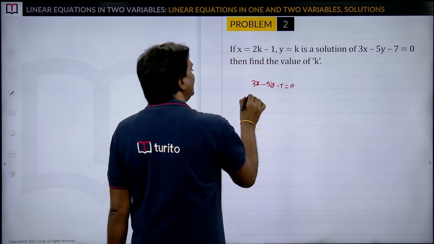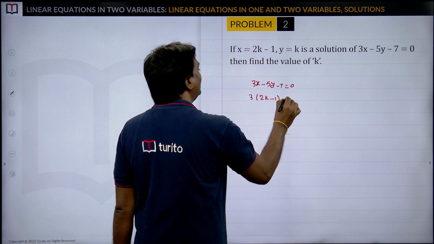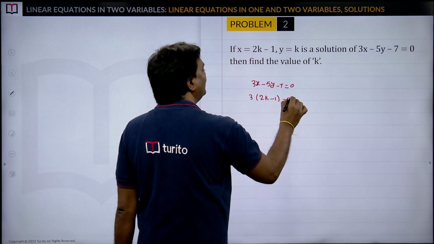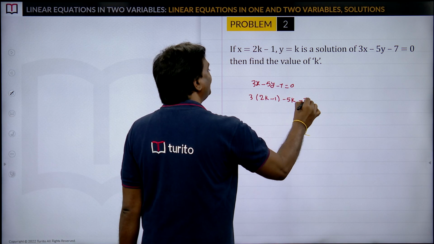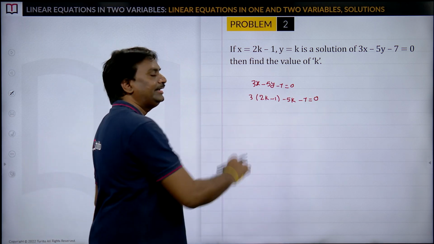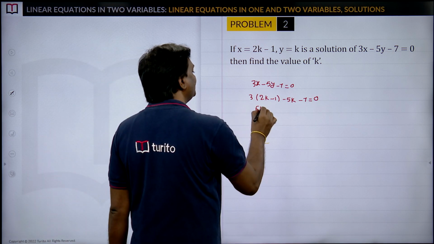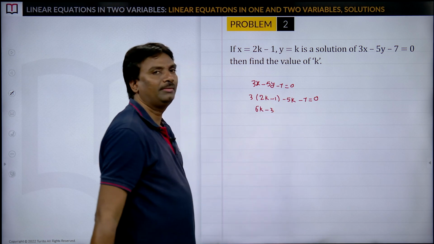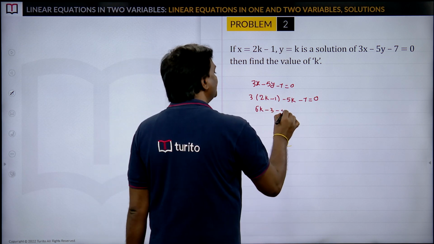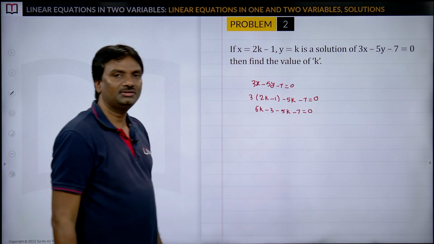So, 3x: 3 into 2k minus 1, minus 5y: in place of y writing k, minus 5k, minus 7 equal to 0. By multiplying 2k minus 1 by 3, 3 twos are 6k, 3 into minus 1 is minus 3, minus 5k minus 7 equal to 0.